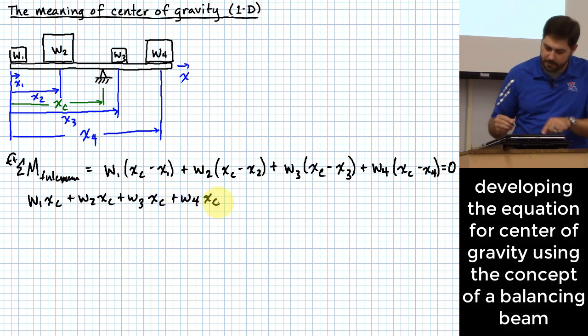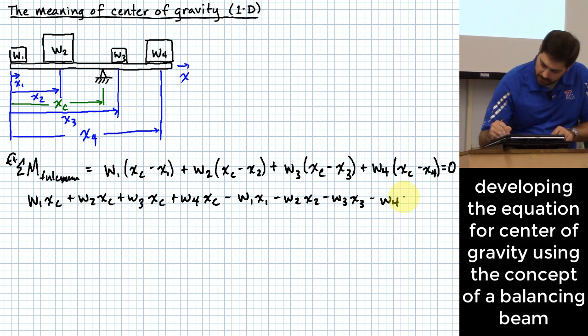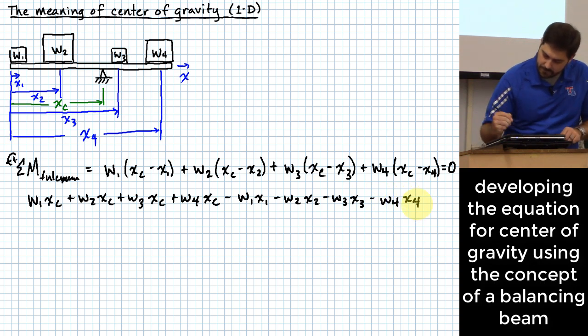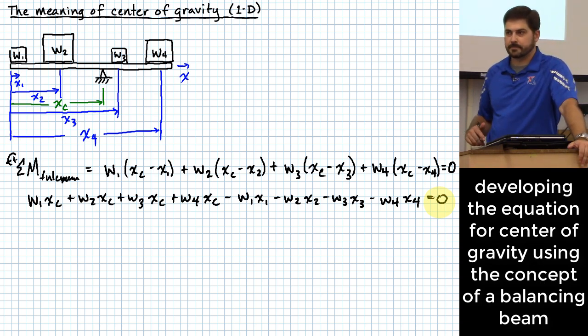And then I could do all the other pieces too. I could say minus W1 x1 minus W2 x2 minus W3 x3 minus W4 x4. And this would be the same thing, right? All I did was expand out each one of those terms.